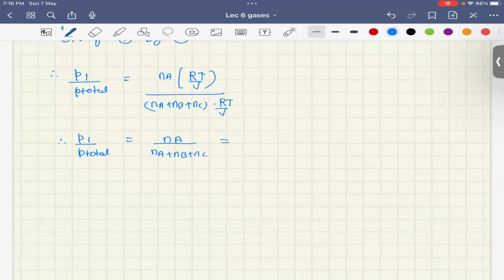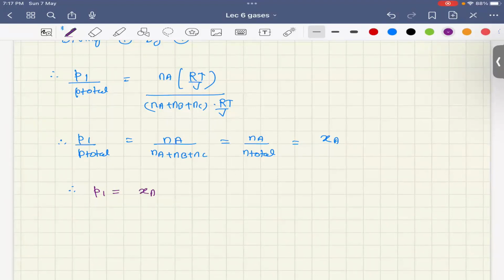This is nothing but Na by N total, right? It is going to be nothing but Xa. Therefore, P1 is equal to Xa times P total.